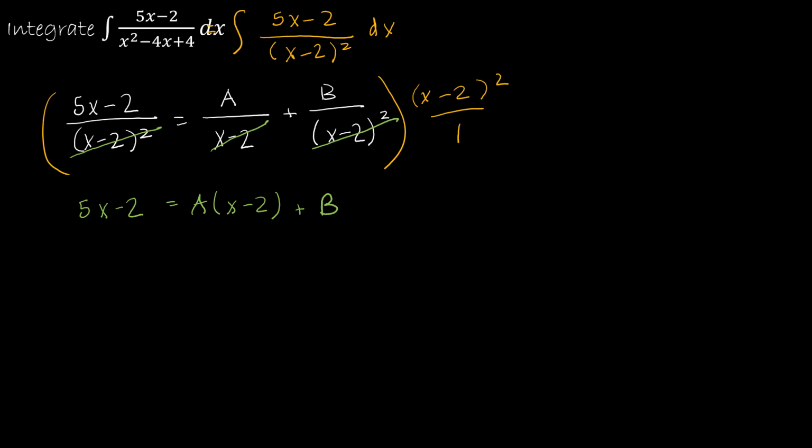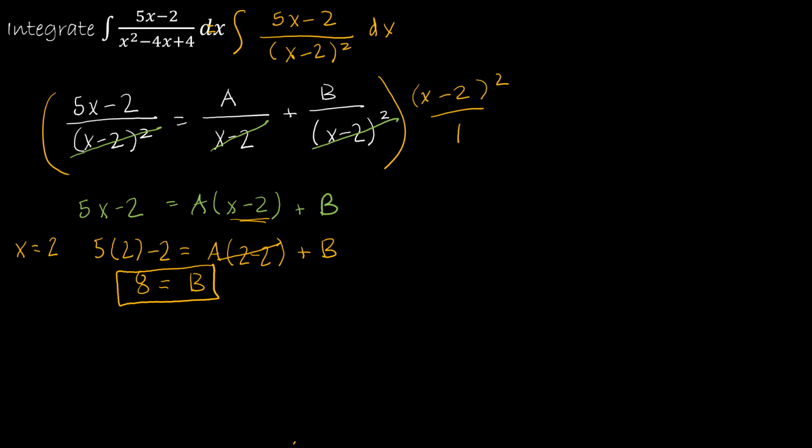So just as I did on my last example, to solve, I can start by letting x equal any number that I want. So if I let x equal 2, and I'm choosing 2 obviously because of how it works with a times x minus 2, I would get 5 times 2 minus 2 is equal to a times 2 minus 2 plus b. 5 times 2 is 10 minus 2 is 8. a times 2 minus 2 is 0a, or just 0, and then equals b.